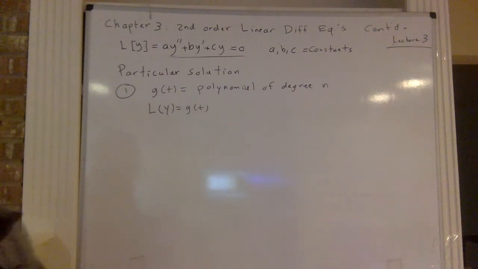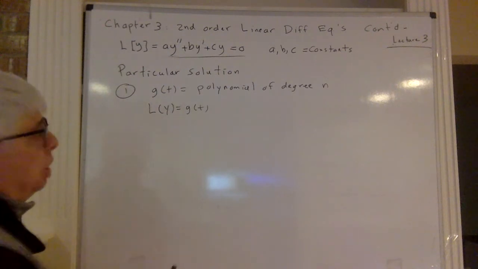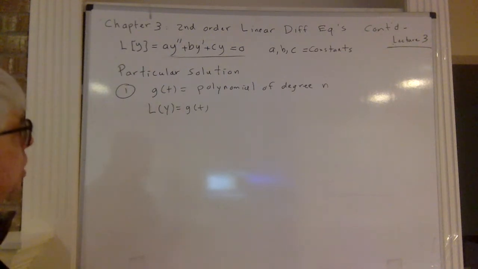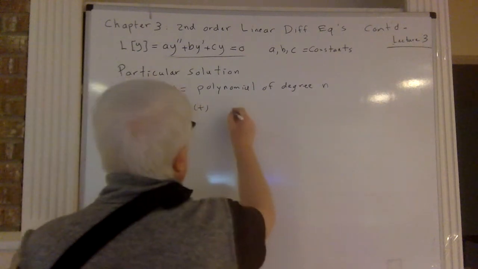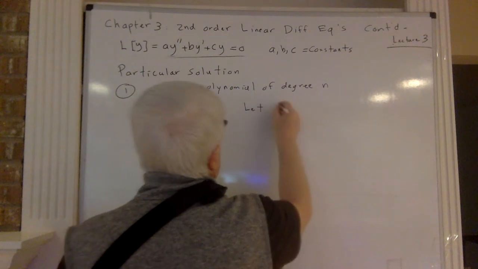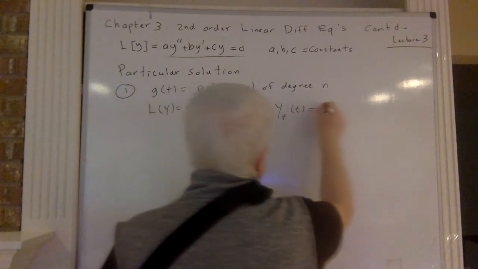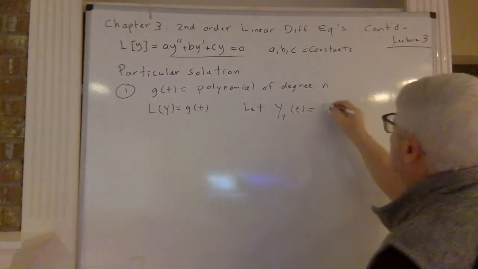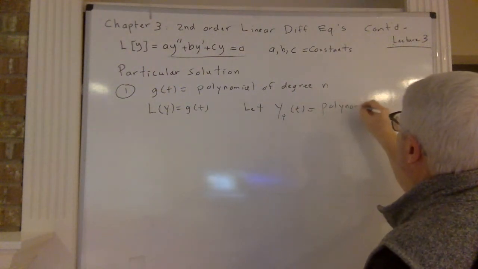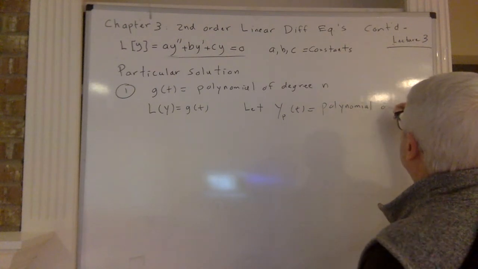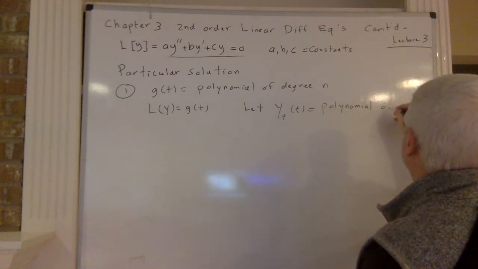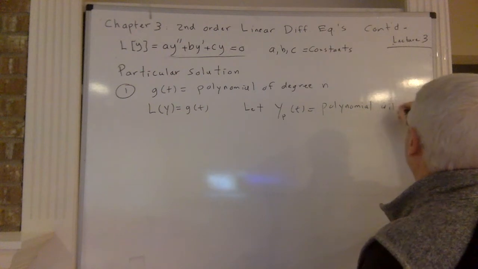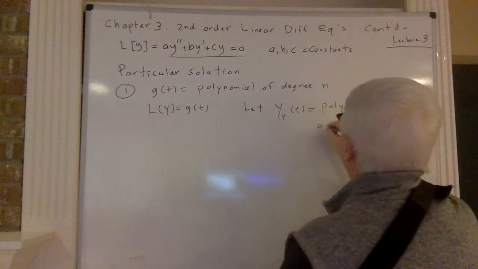It's easy to see intuitively why this happens. So in this case, let the particular solution be a polynomial with unknown, undetermined coefficients.